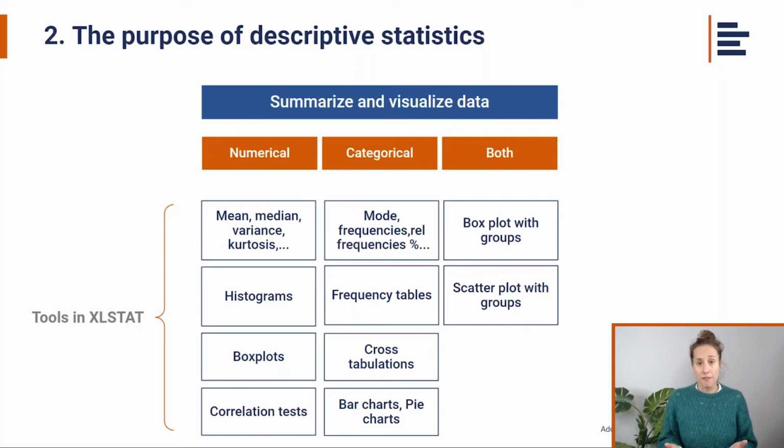You may also have mixed data, so you may be interested in describing the link between one quantitative and one qualitative variable. We will see a case like that. We are going to use a box plot with subsamples or a scatter plot with subsample groups.